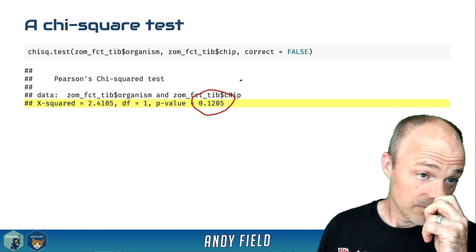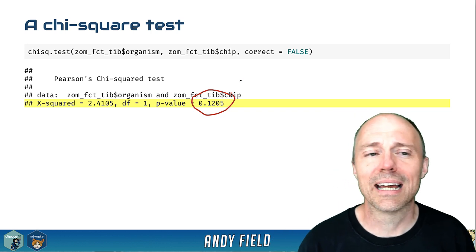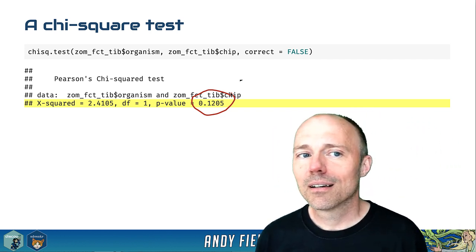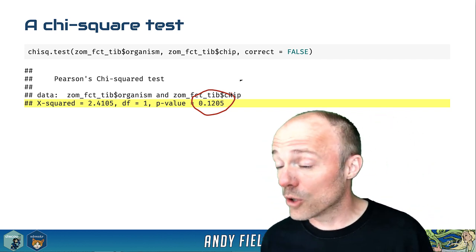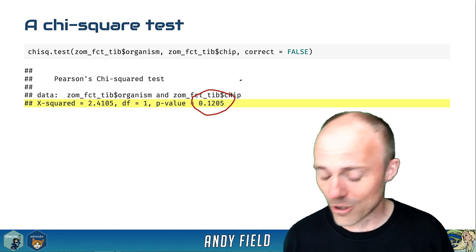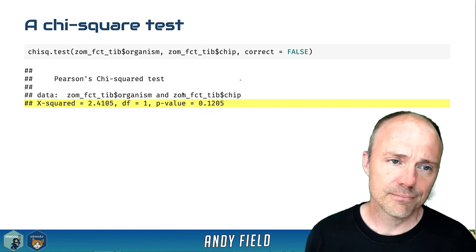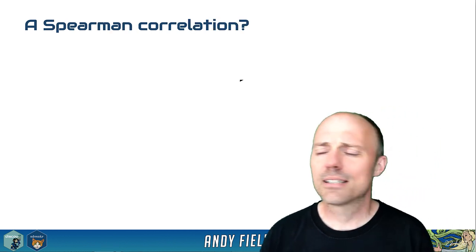So I'm in a bit of a rebellious mood today. I feel like seeing what happens if we do something else. Let's just flout the laws of statistics and try something else. What we're going to try is a Spearman correlation.